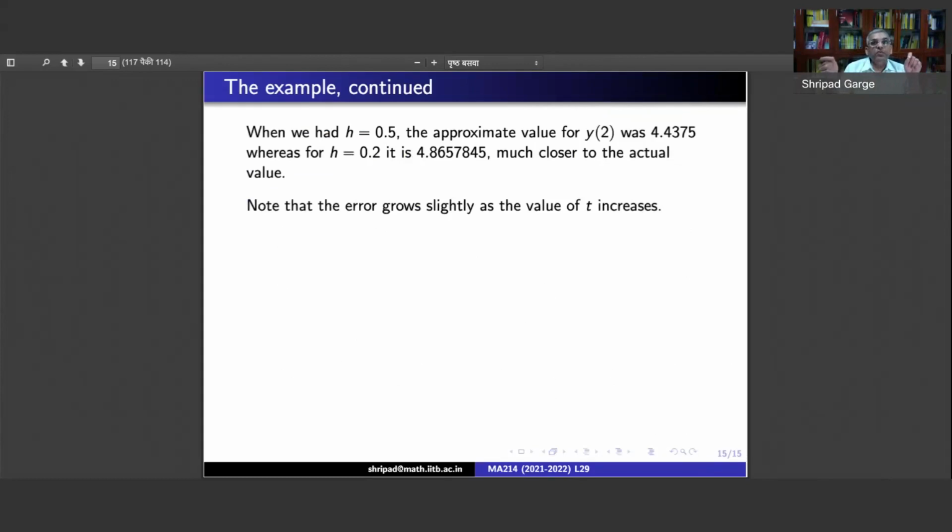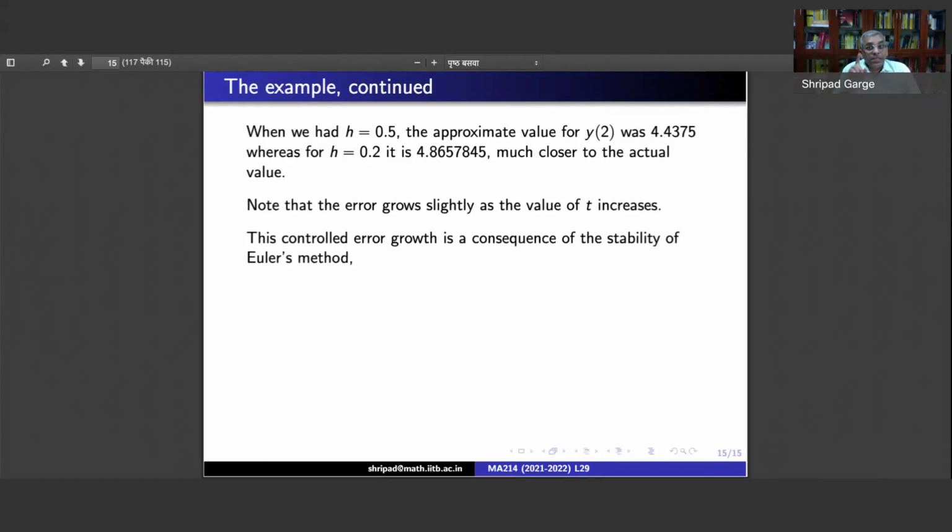However, we also saw that the error grows slightly as the value of t increases. The initial values are the same, so there is no error, but the errors do occur at various steps, and they don't grow too much. That is something that we should notice. So this is a controlled error growth, and this is a consequence of what is called the stability of Euler's method.